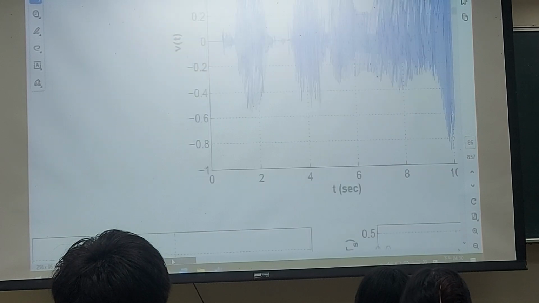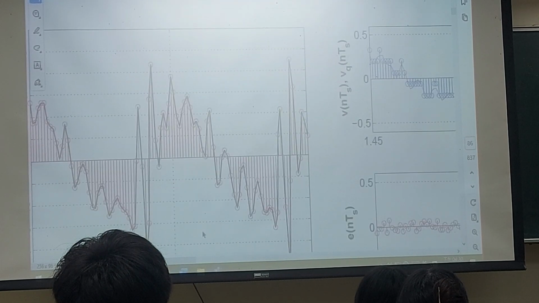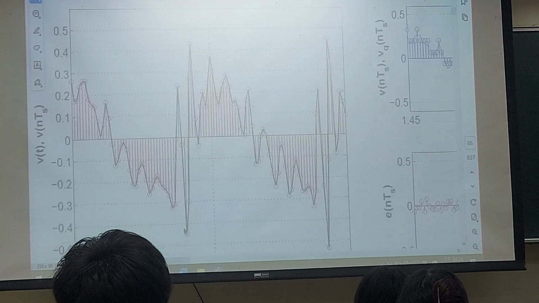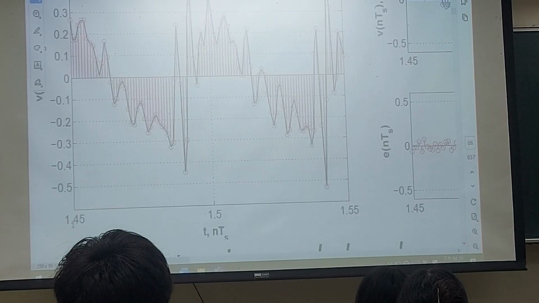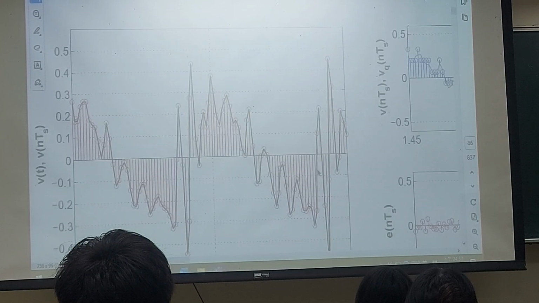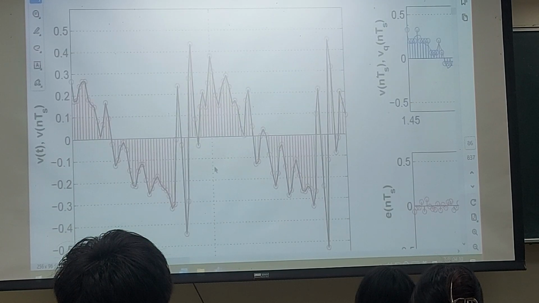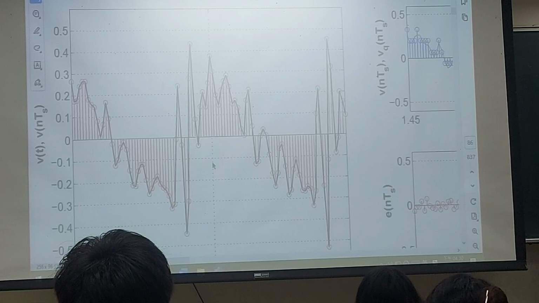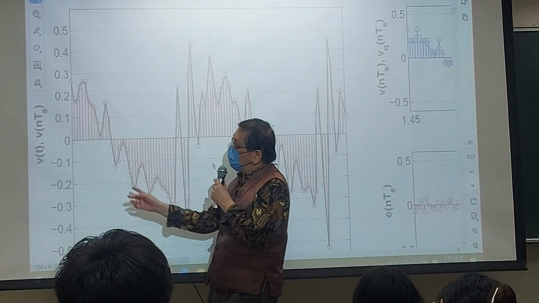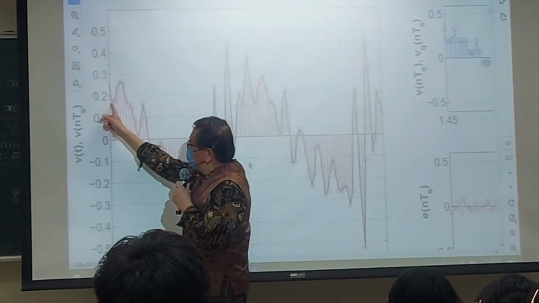So now we take only the time from 1.45 seconds to 1.55 seconds, somewhere around here. It's a very small time. Now you can see that at every sampling time, we have a measurement.